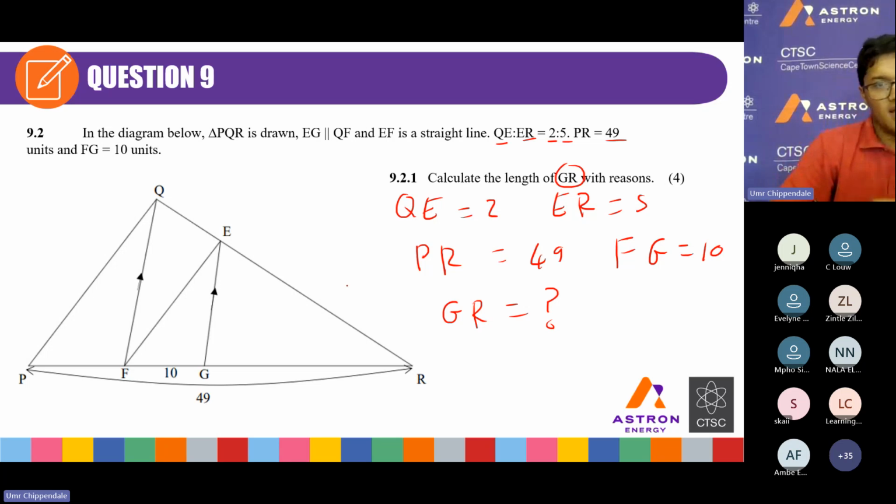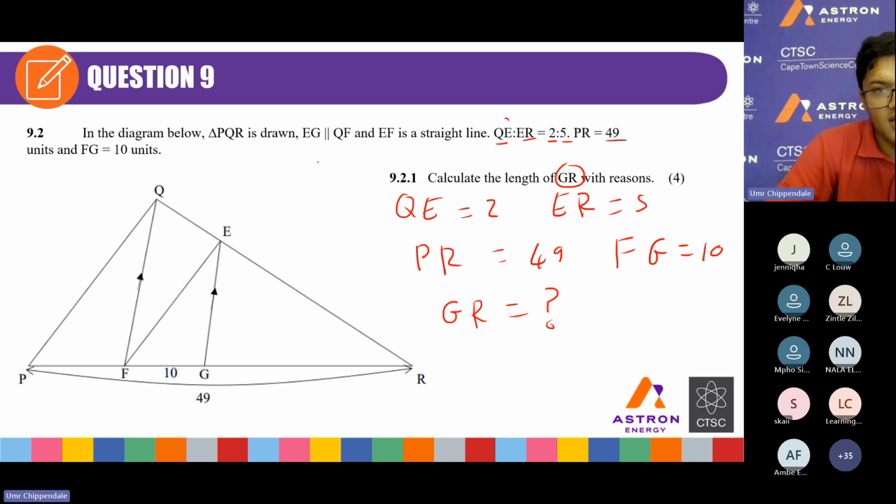So we'll take our GR and deal with this section over here. They are speaking of the QE and ER.